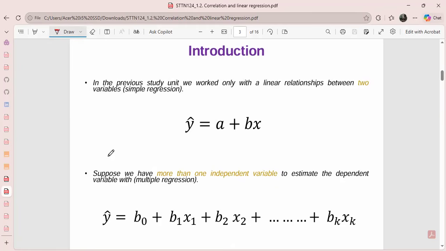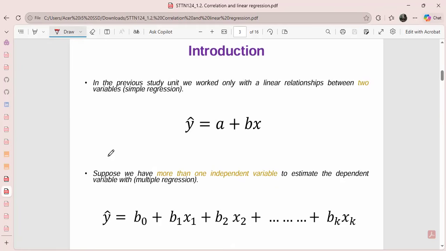That's why we call it multiple regression: you use those independent variables to estimate the dependent variable.